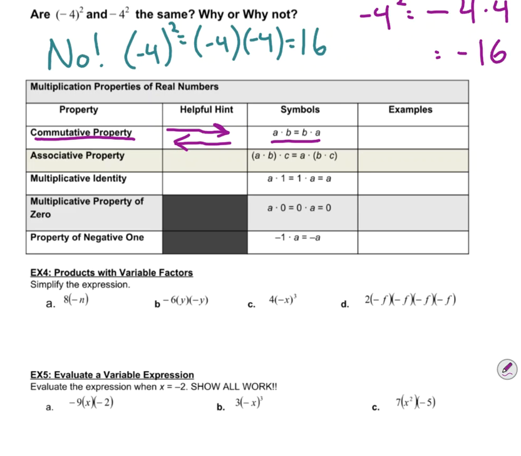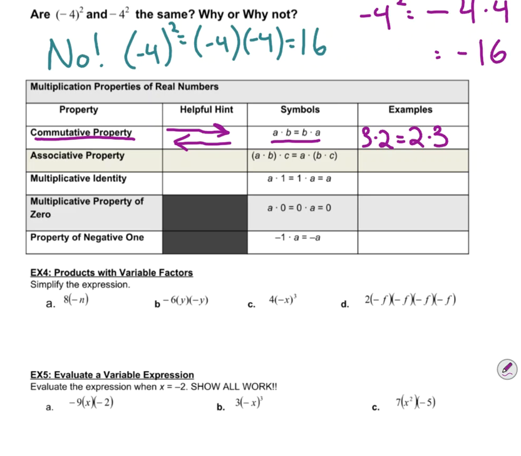It goes both ways. It's like a mirror. You can mirror these things and you get the same thing. So for example, 3 times 2 is the same as 2 times 3.